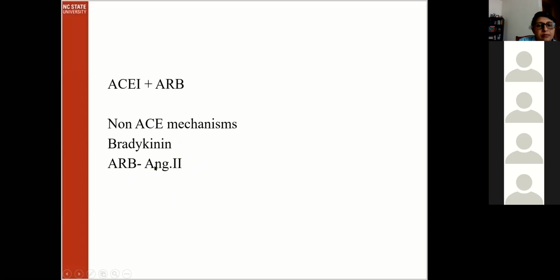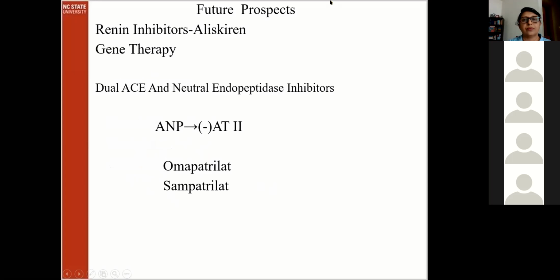Whatever angiotensin is formed will be acting on the angiotensin receptor, and whatever comes to the receptor is blocked by ARB. So usually they say the combination is good, but only in very few cases is this combination used. So that was about ARBs and AC inhibitors.